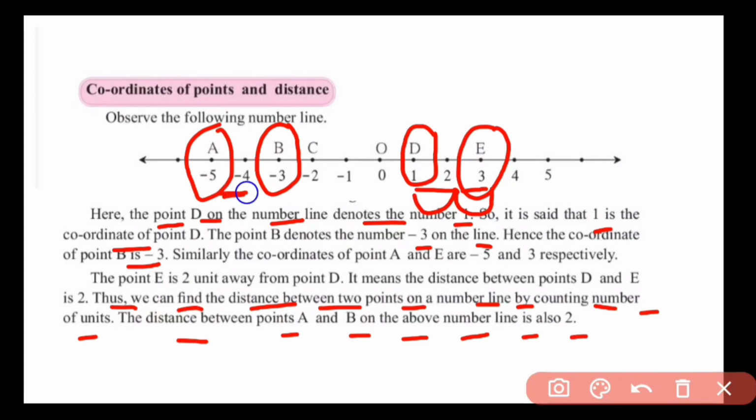Between -5 and -4 the distance is 1 unit. Between -4 and -3 the distance is 1 unit. So together there is a 2 unit distance between points A and B. So in this way we have to count the number of units on the number line to get the distance between 2 points.